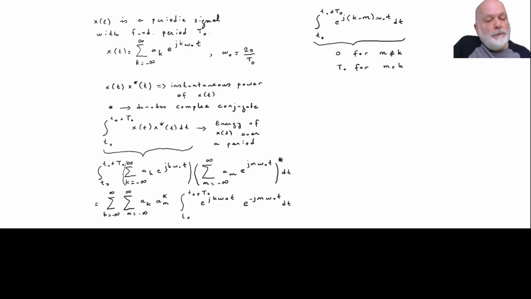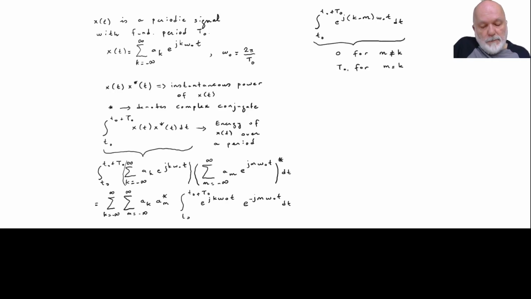So we integrate, therefore, this expression over a period, and this is a periodic expression with a period equal to T0. Therefore, its integral over a period will be equal to 0. However, if m is equal to k, the exponent will be equal to 0, and the integral will be T0.